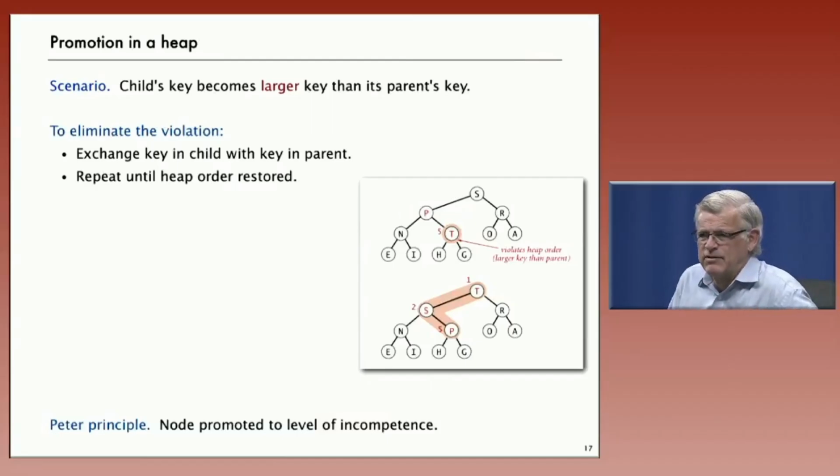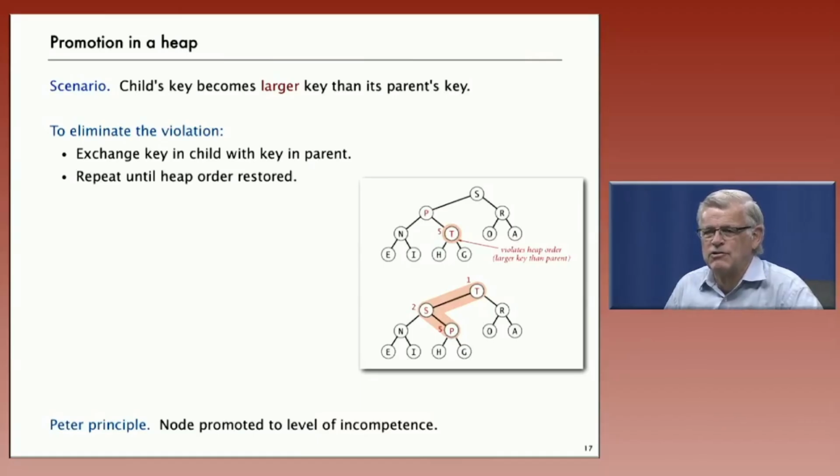So that's the basic setup or the invariant that we want to maintain in this data structure. And now what we're going to do is take a look at just a couple of different scenarios where we violate that invariant temporarily and then fix it. And that's going to give us the flexibility that we need to implement priority queue operations.